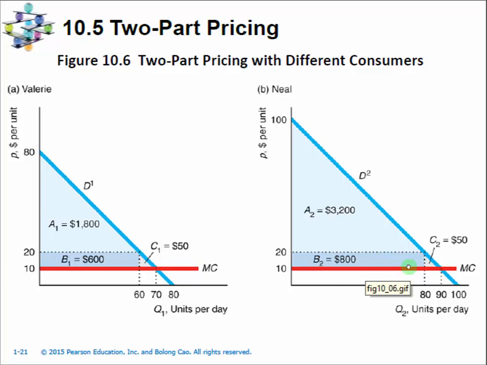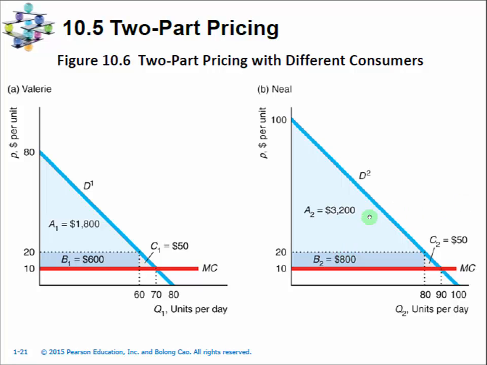Then, as long as the larger quantity purchased by Neil provides enough producer surplus that can compensate the loss of access fee when we try to include Valerie in our customer base, it's profitable to set a small access fee according to Valerie's demand curve, but charge a per unit price that is higher than the marginal cost.